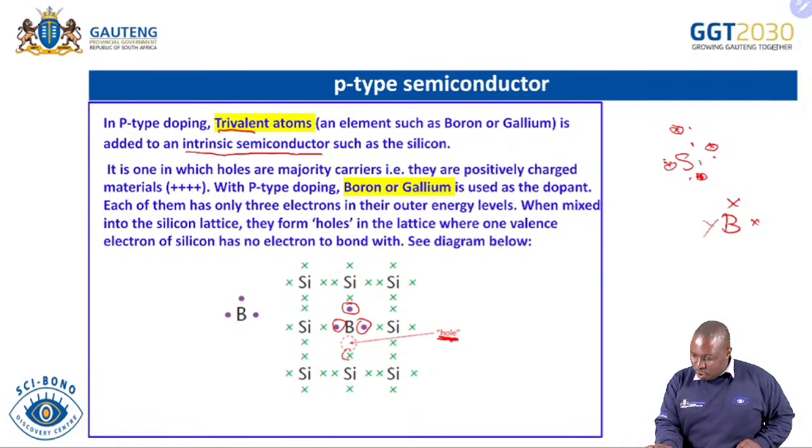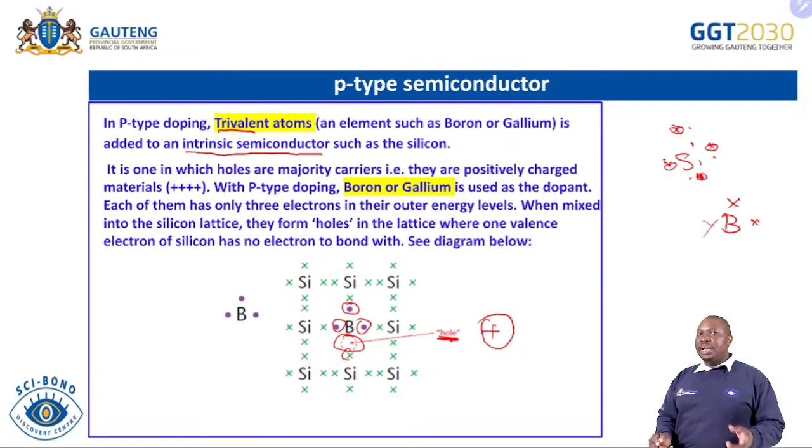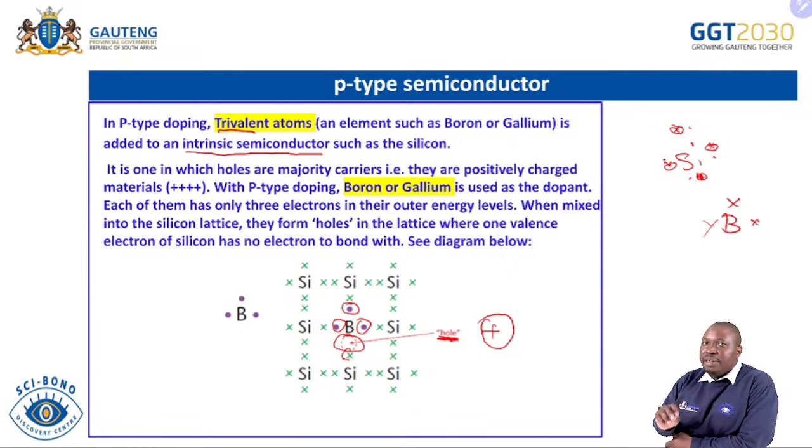Remember, because we have a hole and the hole is positively charged, hence with p-type. So you can see the P there is for those holes, which are positively charged. So these are positive type semiconductor. The P is showing that we have the positive, which is the one that is driving the conduction of our charge or of our electrons to flow.